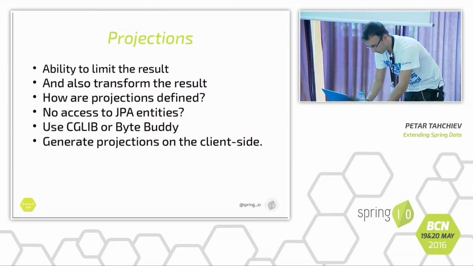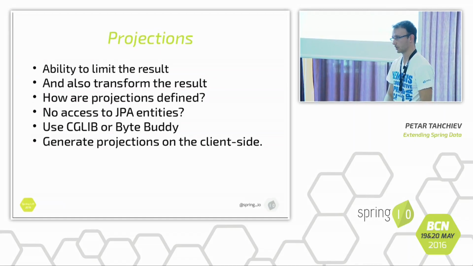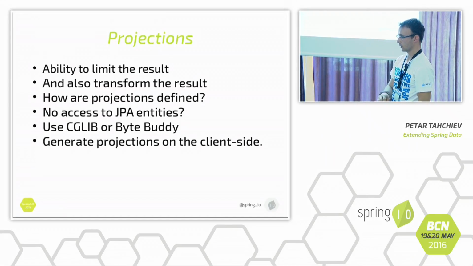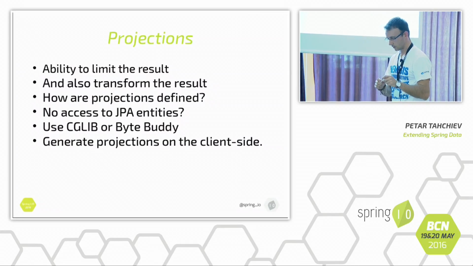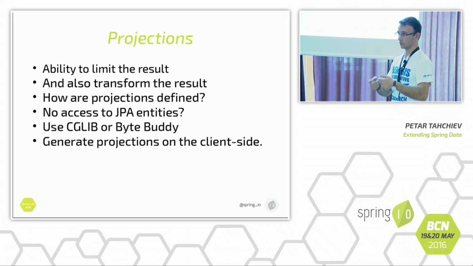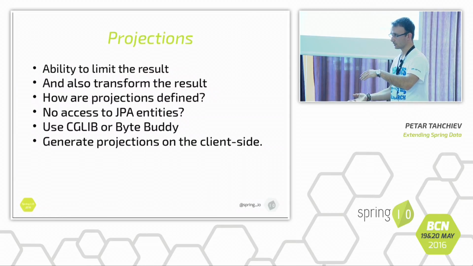Unfortunately, again, we hit a problem because the way projections are defined is you have to specify an interface, and all the attributes that you want exported, you have to create getters for them. So imagine you have a product entity. If you want to create a search projection, you have to create a product projection interface and say get name, get price, and all the gets that you want to be returned.